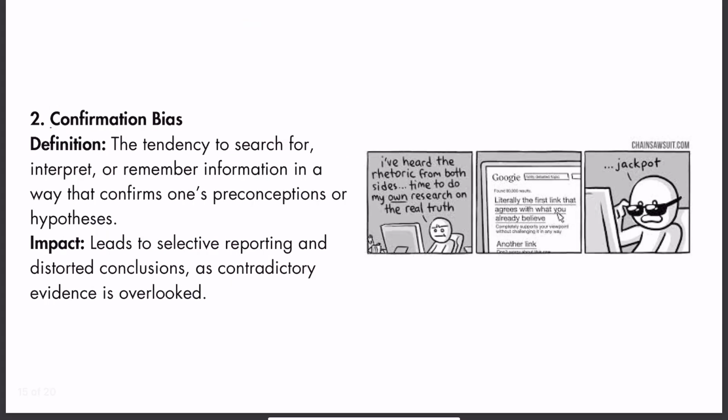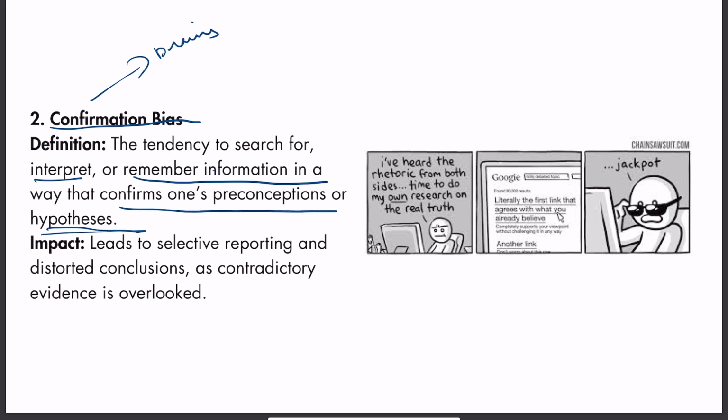Next, we have confirmation bias, and this is probably one of the most interesting biases and happens so quickly that you don't even tend to realize it, because your brain kind of functions this way. It is the tendency to search for, interpret, or remember information in a way that conforms to one's perception or hypothesis.